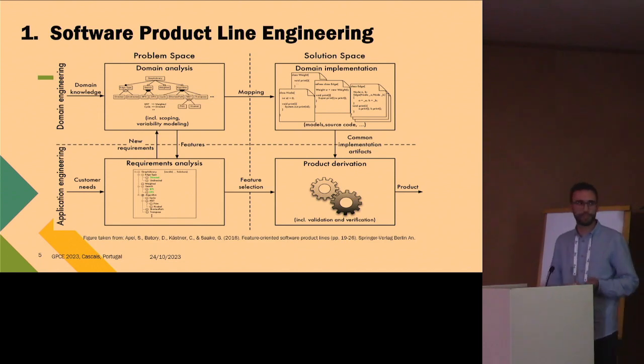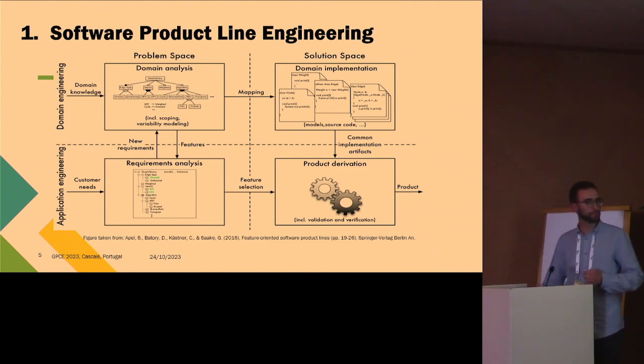To do that, they first gather the customer needs, and based on those requirements, they make a configuration of the feature model. After that, the domain implementation or common platform is transformed into a product that will only have those features that were selected in the feature model configuration.